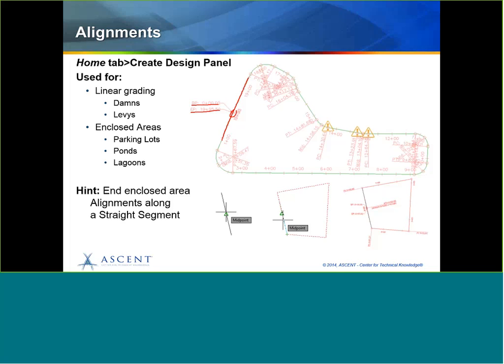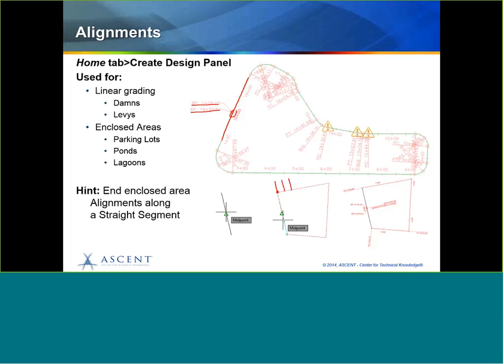The reason for that, if I were to use, say, this line down here as my alignment, if I had started my beginning station at this point, what's going to happen is that when we get into doing the corridor model, the assemblies are going to be applied to that alignment perpendicular to the alignment, right?